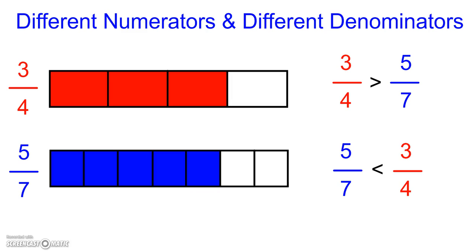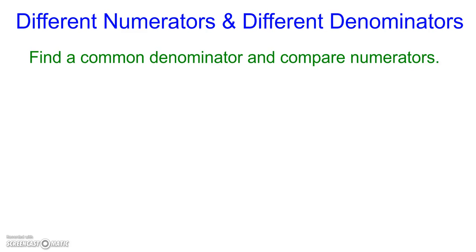So let me show you a couple strategies that will help when comparing fractions that have different numerators and different denominators. One strategy is to find a common denominator and then compare the numerators, because we know how to do that from earlier in this video. You're going to have to remember what you've learned about equivalent fractions.